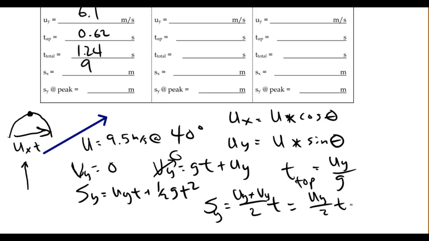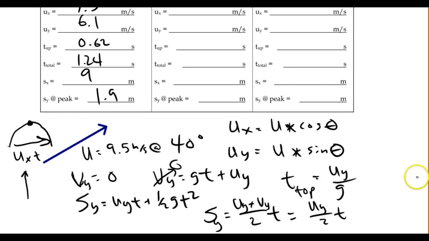So it would be 6.1 divided by 2 multiplied by the time to the peak, that's 0.62 seconds, and you would get a peak height of about 1.9 meters.